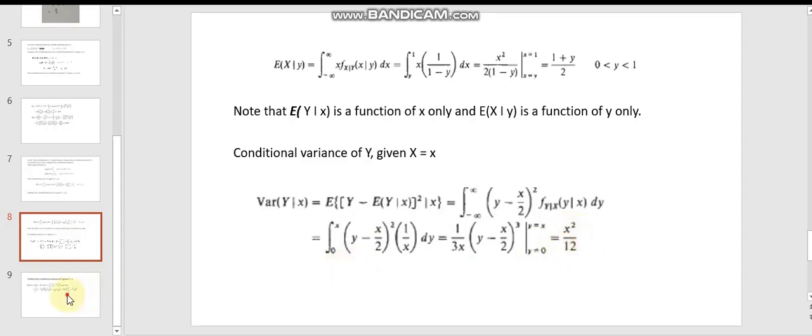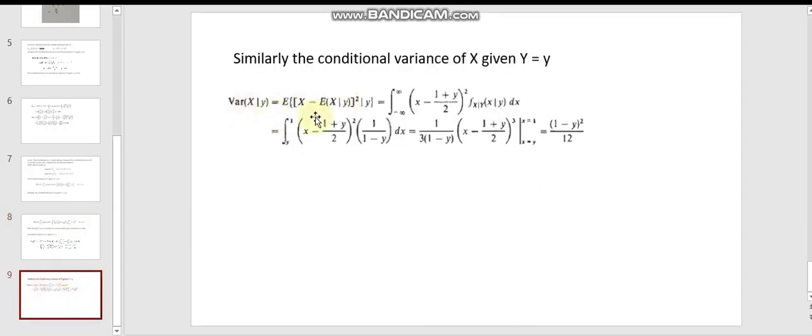Now let us talk about the variance of x given y. Here we have incorporated the mean of x given y. So x minus the mean of x given y, with square, then we take the product with the conditional PDF of x given y.